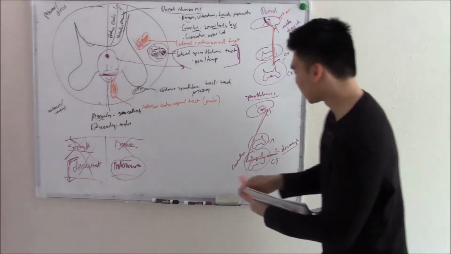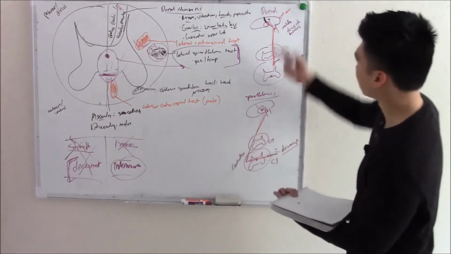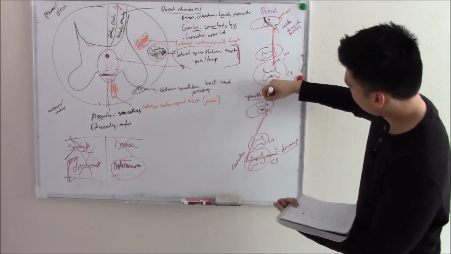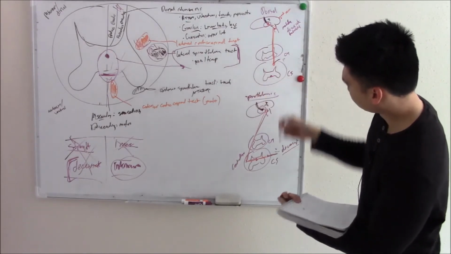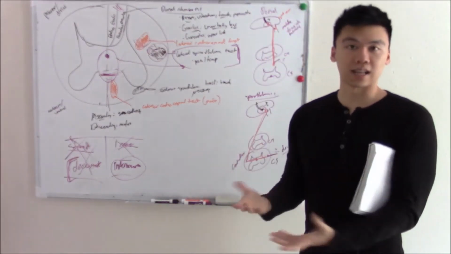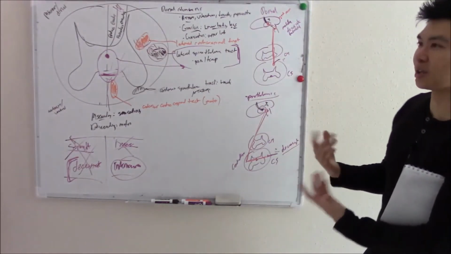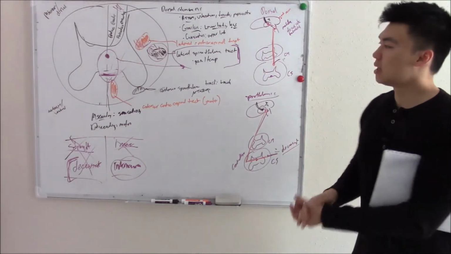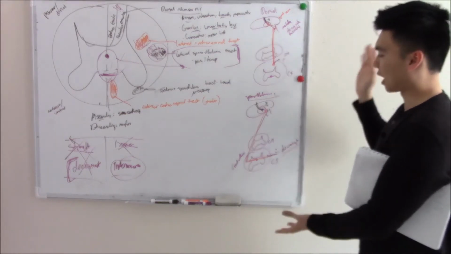And once it hits your thalamus, it will meet this third neuron, third order. And that is how it does things. That's not too bad. They look kind of the same. The only difference is where they cross over. That is your ascending tract.